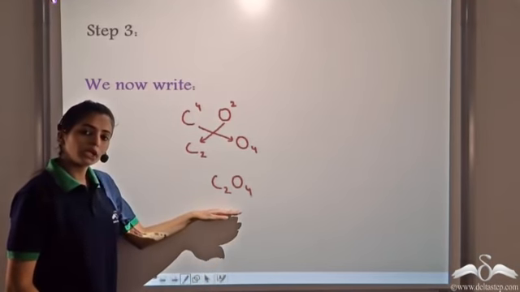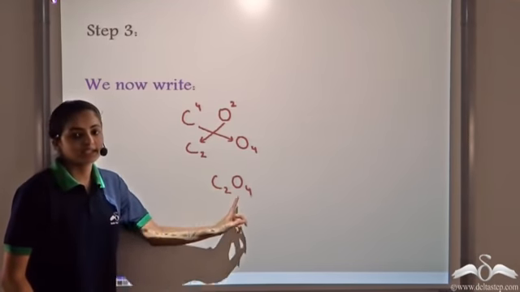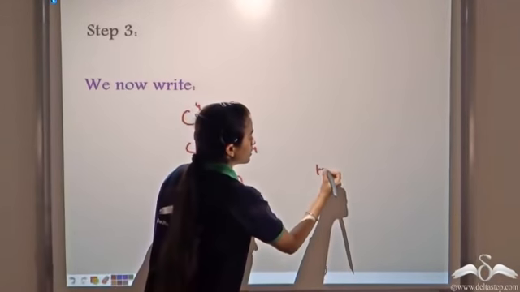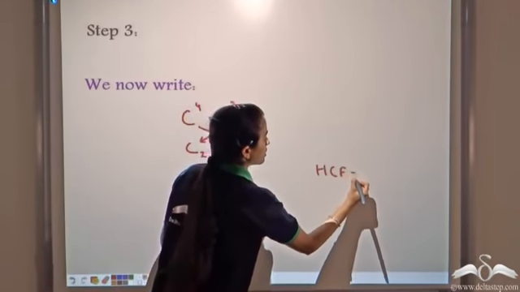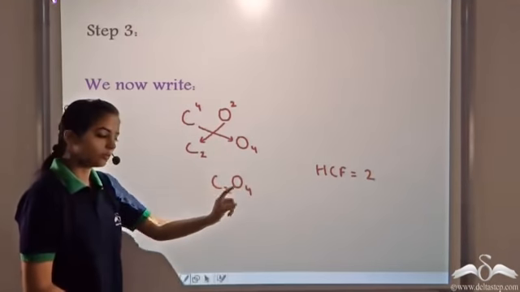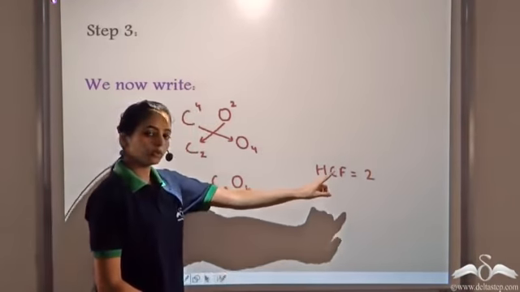But is this the formula of carbon dioxide? We know it's not. So what do we do? We take the HCF. When we take the HCF of 2 and 4, we get that the HCF is 2. When you divide this 2 by 2, you get 1. And when you divide this 4 by 2, you get 2.